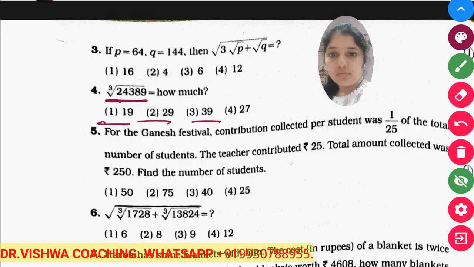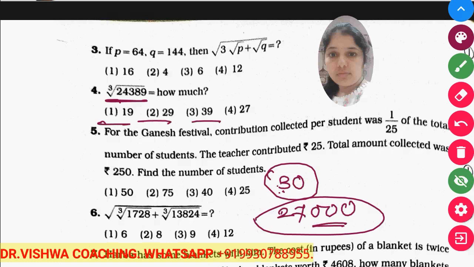For that, what you can do, you know the cube of 3 is 27, and 30 is the cube of 30, 27,000. What is the cube of 20?